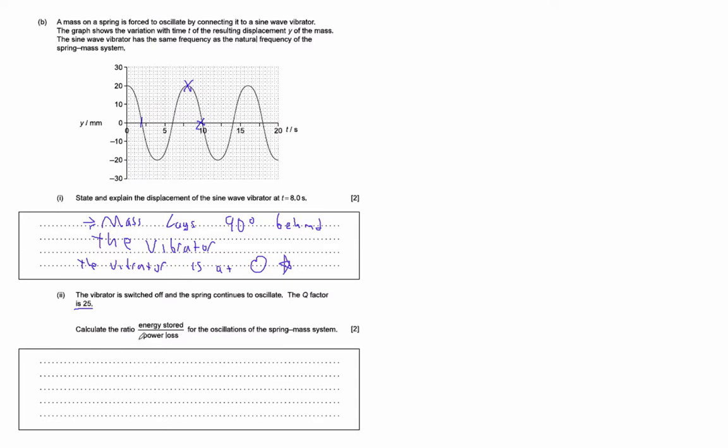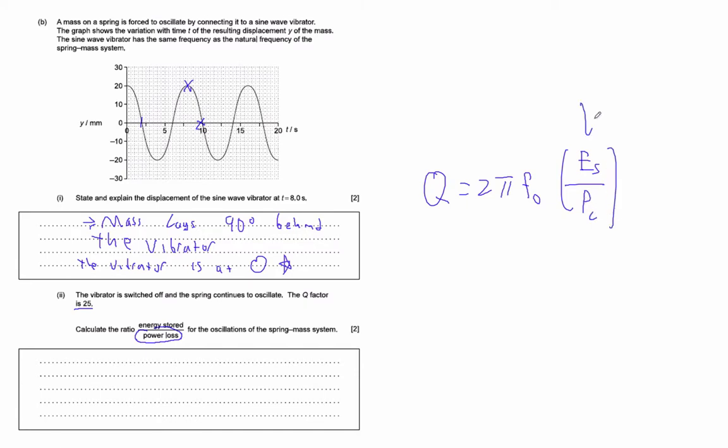So let's find that. Now notice it says power loss on there, so it's energy stored not over energy dissipated, but power loss. So we're going to use Q is 2 pi times the frequency times energy stored over power lost.